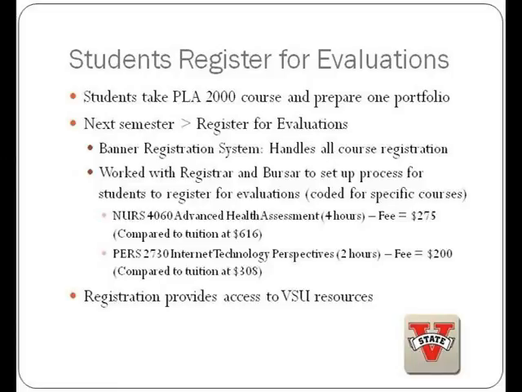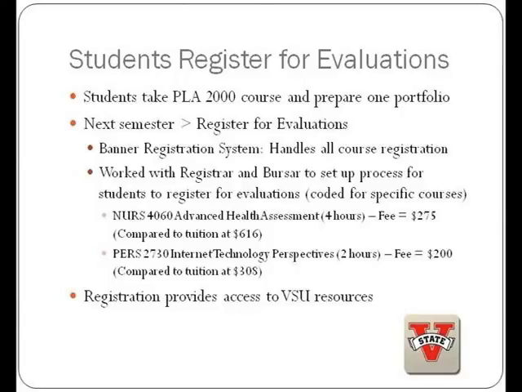They can then use that portfolio and submit it to a faculty assessor to have their work reviewed for possible credit. And that's the part that I didn't really explain last time that I wanted to explain this time, that after that first semester, when they take the PLA 2000, they then register for the evaluations.